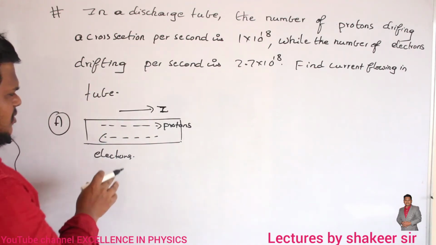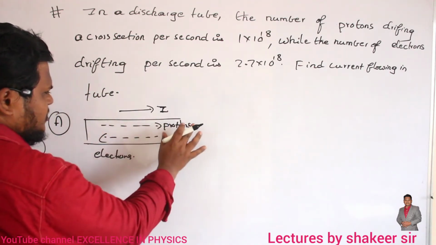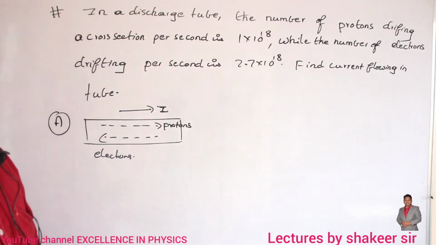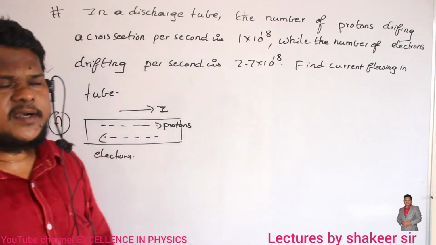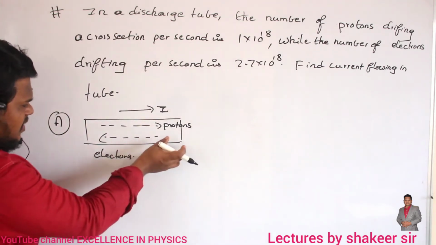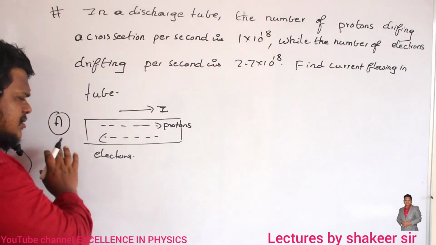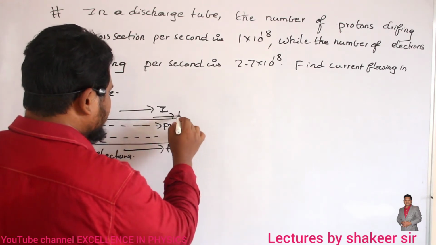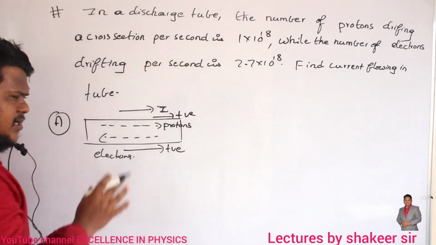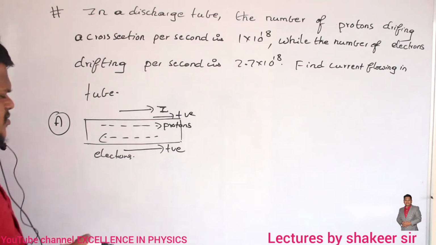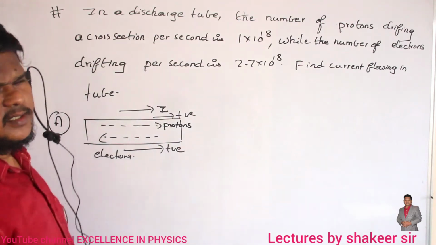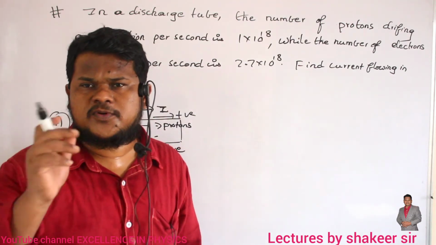In this condition, if protons are traveling in this direction, definitely positive charges are traveling in the direction of protons, because protons are positively charged particles. Similarly, if electrons are traveling in one direction, then I can consider positive charges to be traveling in the opposite direction to the electrons. So if negative charges are flowing in one direction, positive charges are moving in the opposite direction.